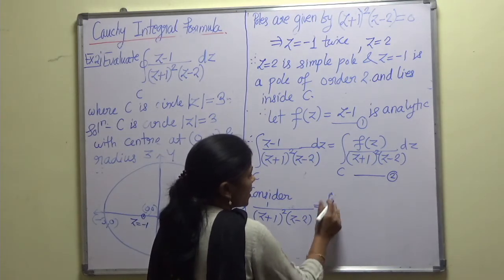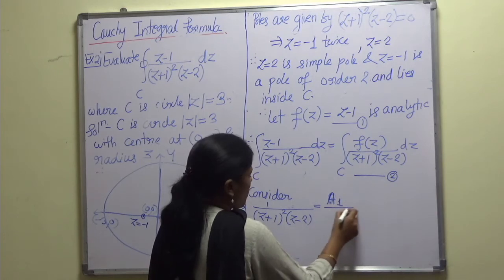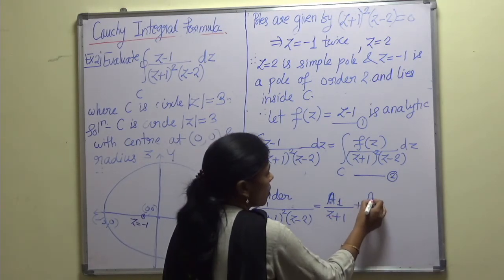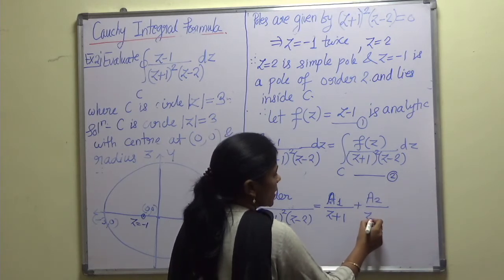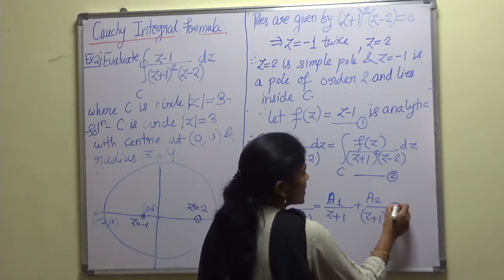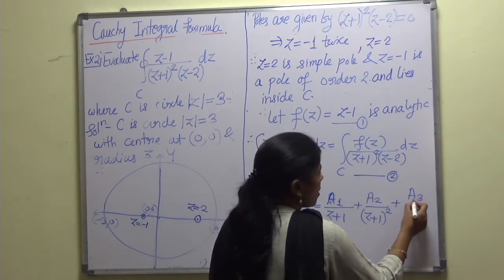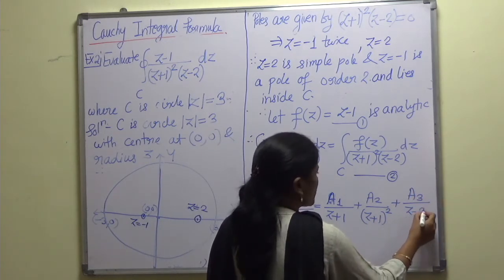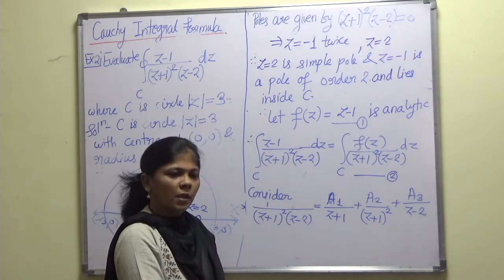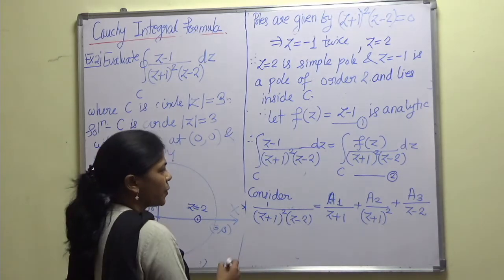So let us write it as a1 upon z plus 1 plus a2 upon z plus 1 whole square plus a3 upon z minus 2. Right? Let us find a1, a2, a3.